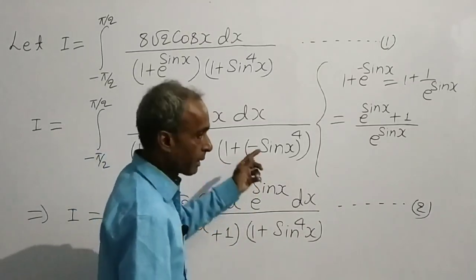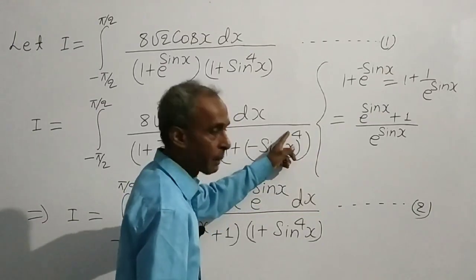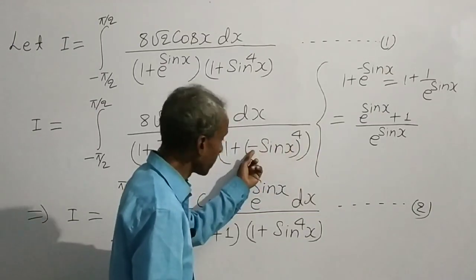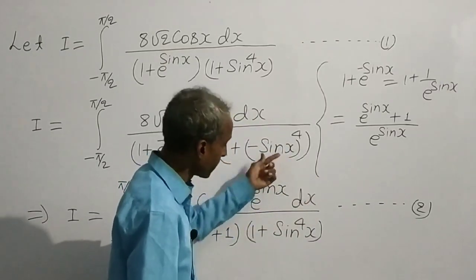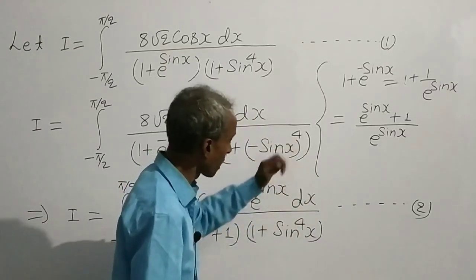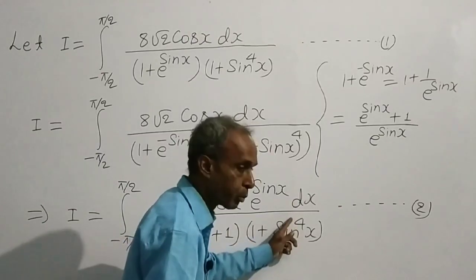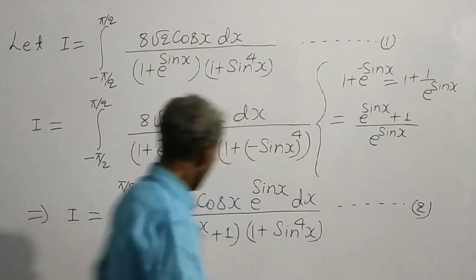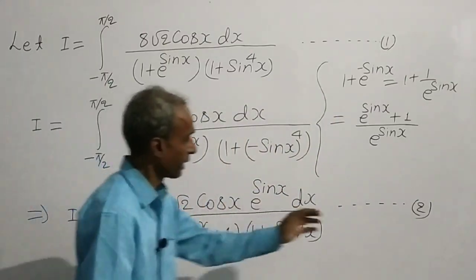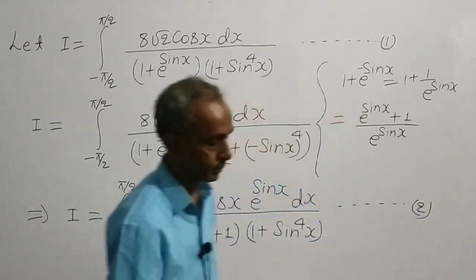Here minus sin x to the power 4. A negative number to the power 4 is also positive. Therefore, we can write minus sin x to the power 4 as sin 4x. And suppose I is equal to this as number 2.